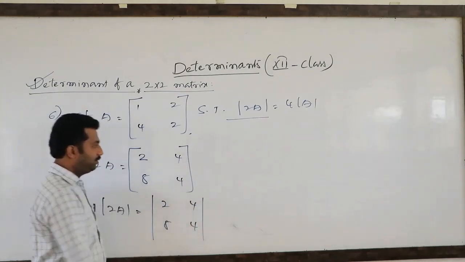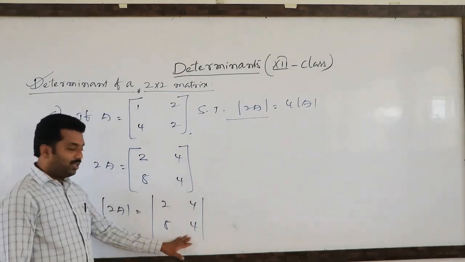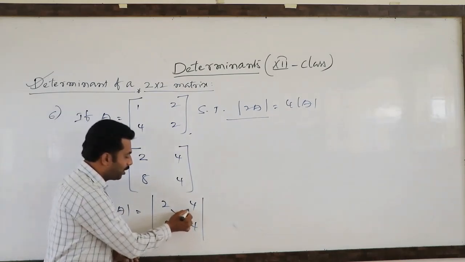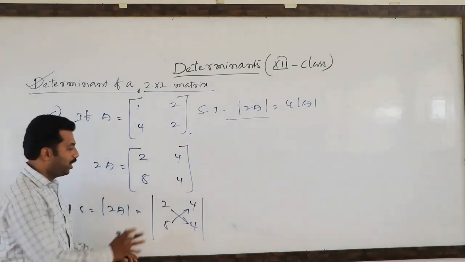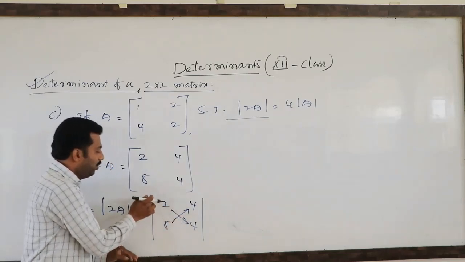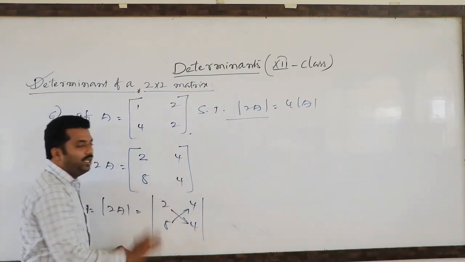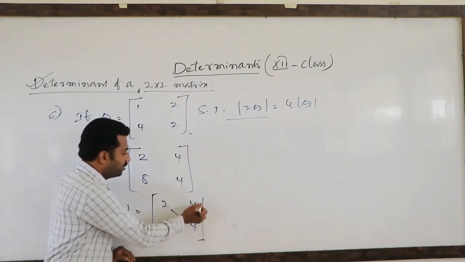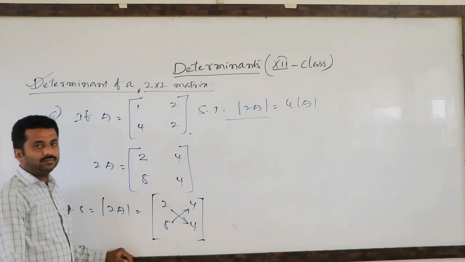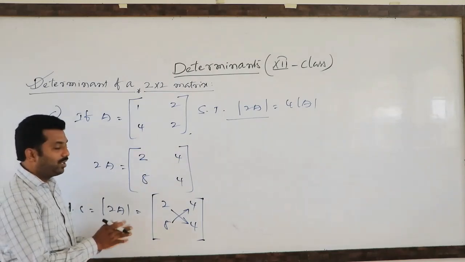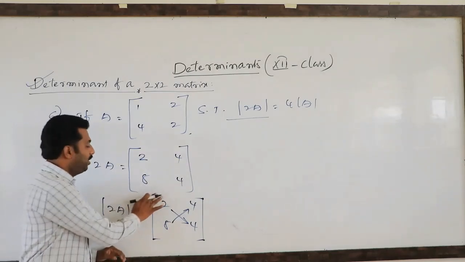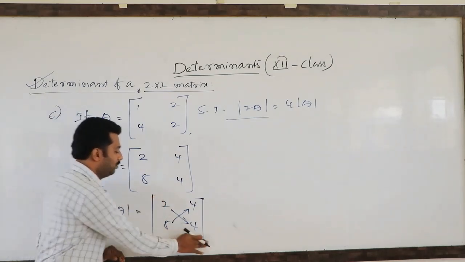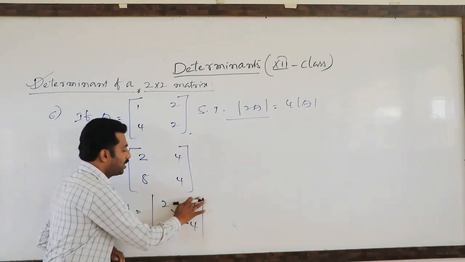You remember the cross multiplication I told you: product of the principal diagonal elements minus product of the non-diagonal elements, we have to apply these arrow marks with the modulus symbol only. Suppose by mistake you write a matrix, this is wrong. Matrix is nothing but an arrangement of some numbers. Determinant is nothing but a real number of the matrix. Means it gives some real number.